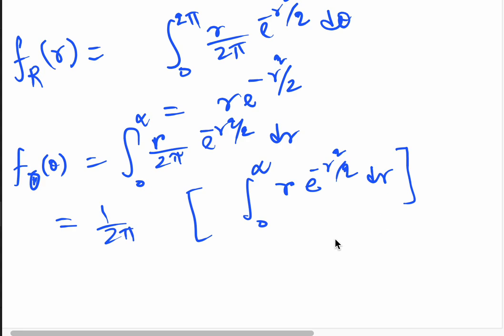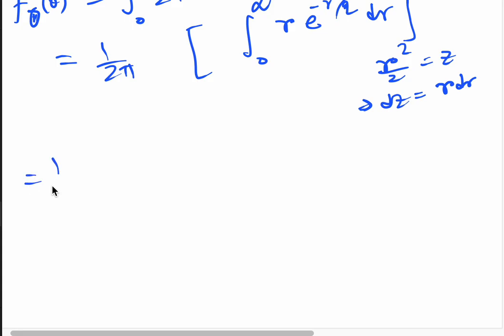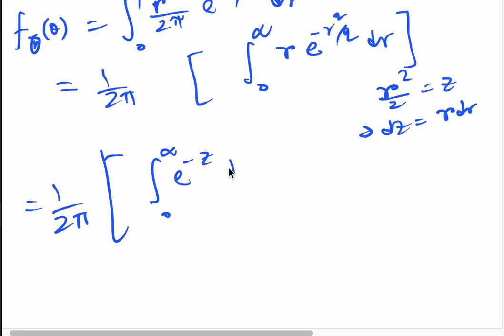Okay, so if I consider r square by 2 equal to z, then dz is r dr. So this becomes 1 by 2 pi, integral 0 to infinity e to the power minus z dz.